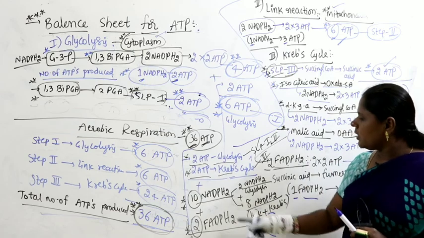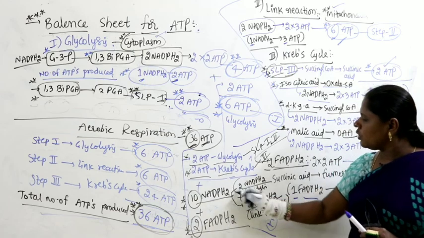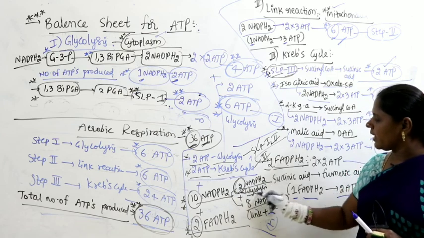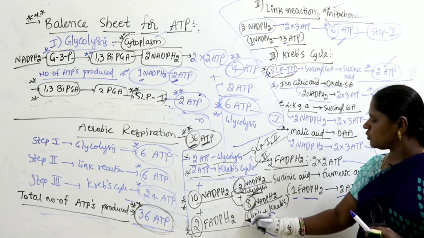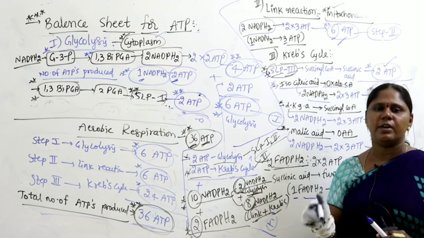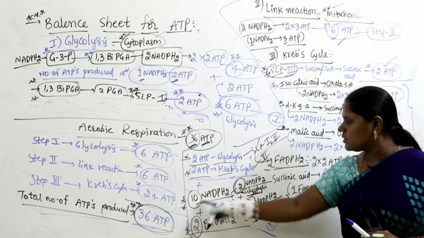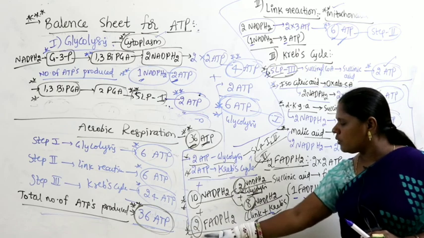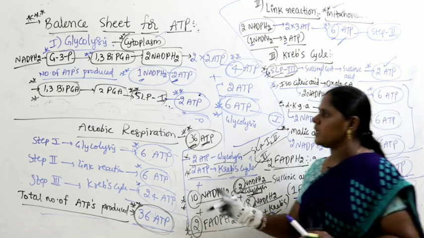Very important. Out of 10 NADPH2, 2 are from glycolysis, and 8 are from link reaction and Krebs cycle. So in the textbook it will be given as 10 NADPH2. This is the count you have to remember, and 2 FADPH2 from Krebs cycle.